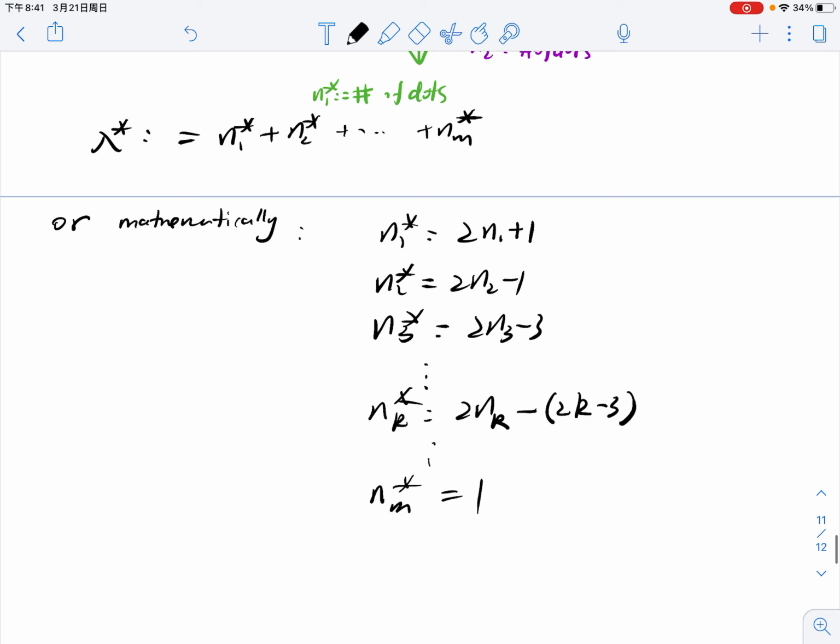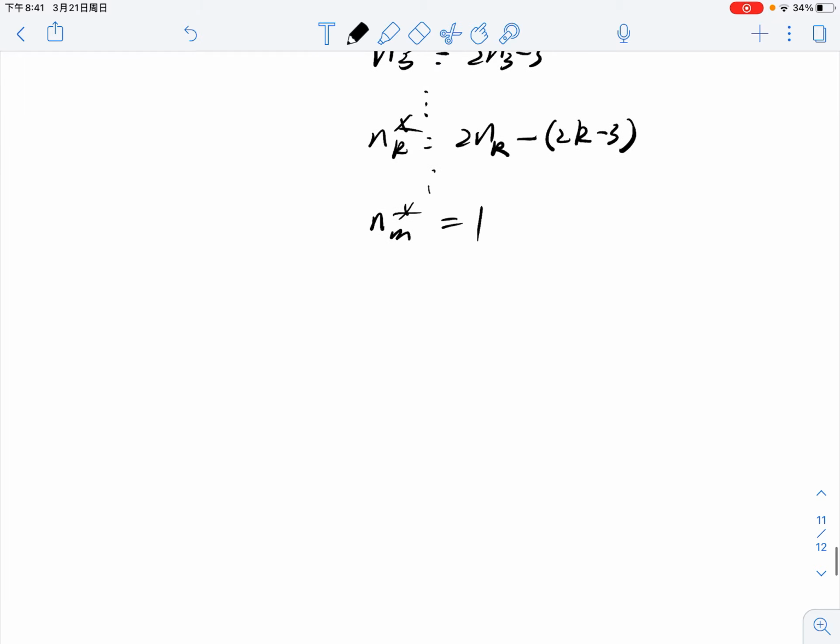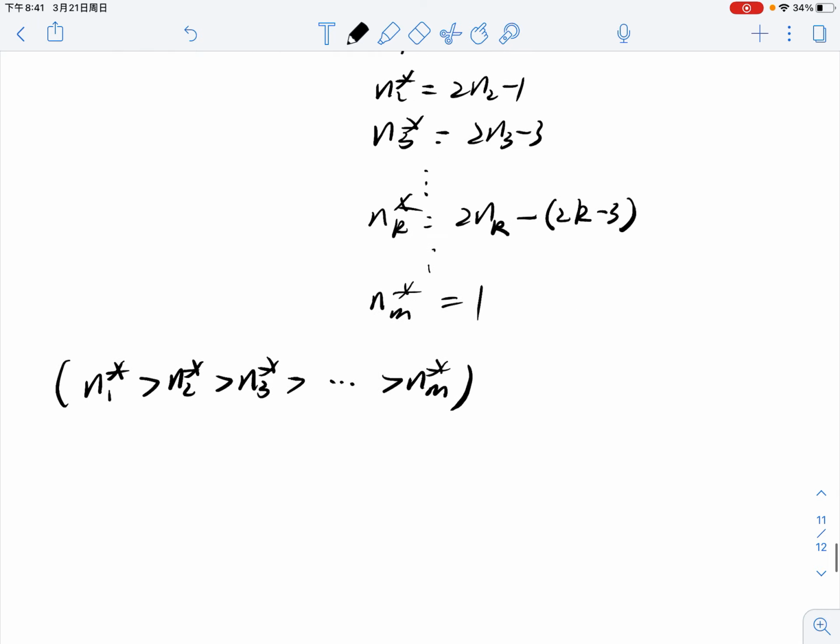So notice that n1 is greater than or equal to n2. So you do have n1 star greater than n2 star strictly. And also, it's easy to verify that the summation is n.